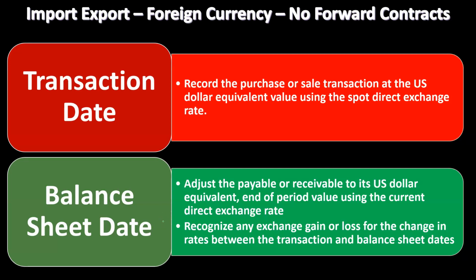We recognize any change, gain, or loss for the change in rates between the transaction and balance sheet dates. So notice what we're doing here: in our example, if we purchased inventory or equipment, we put it on the books using the original spot value, meaning we valued it using the transaction date to value the equipment at that point in time. Then if we revalue the accounts payable because we haven't yet paid it, you might have a question.